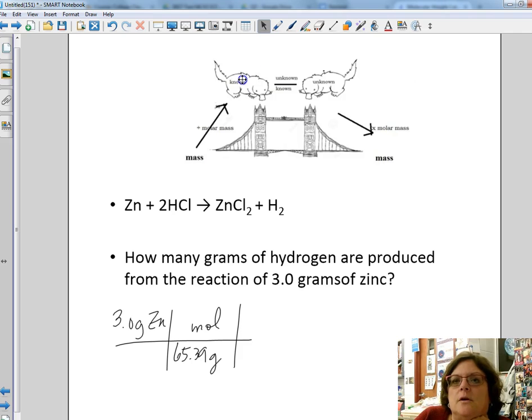Now we're up on our bridge. We multiply by our ratio. We're going from zinc to hydrogen. It's a 1-to-1 ratio. 1 mole of zinc to 1 mole of hydrogen.